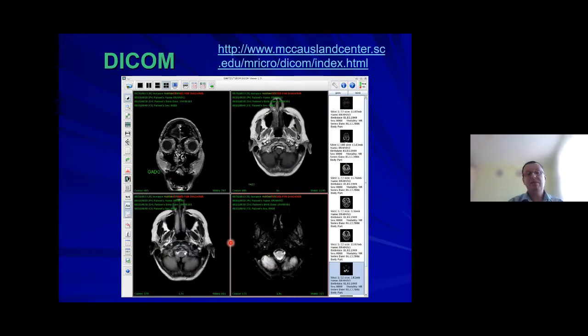And here are available even multiple free solutions in the form of different DICOM viewers, which allow us to visualize DICOM data.